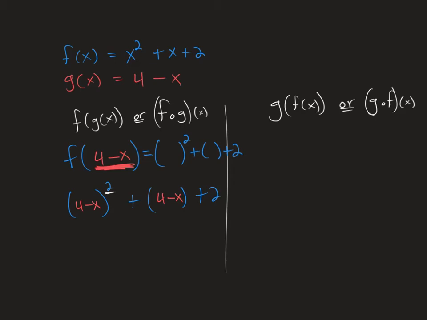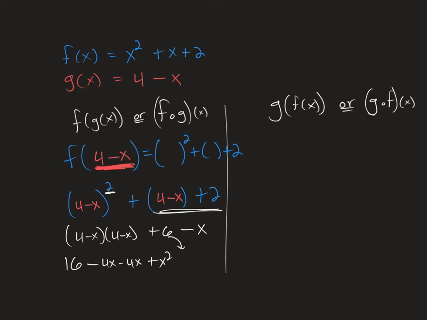And as we go through, we're going to have to continue to use some of those ideas of what does it mean? What does this exponent of 2 mean? Well, this means 4 minus x times 4 minus x. And then we can combine like terms here because it's just addition. So 4 plus 2, that ends up being 6, and then a negative x. So 4 times 4 is 16. We've got negative 4x, another negative 4x, and then negative x times negative x is positive x squared.